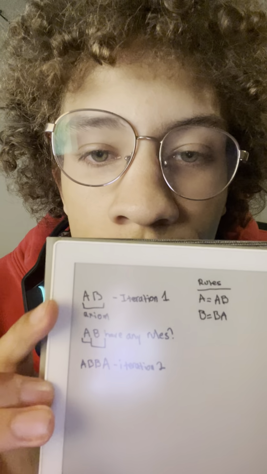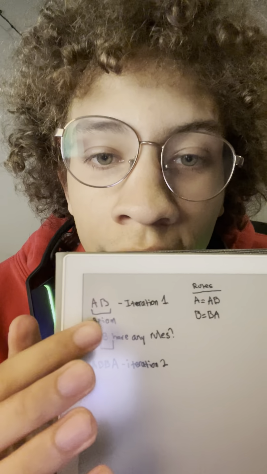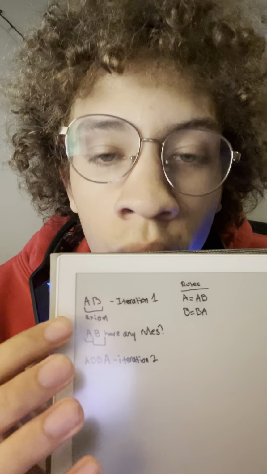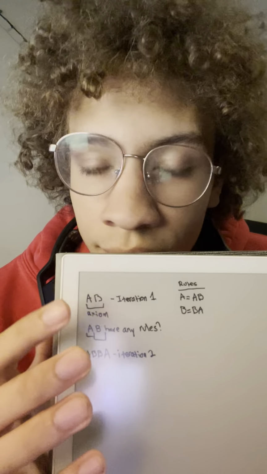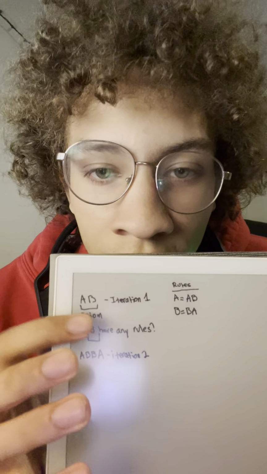So I drew a little thing. We have A and B right here. This is something called an axiom. This is what we start with at the start of generation. So with AB, on our first iteration, we're just starting here.